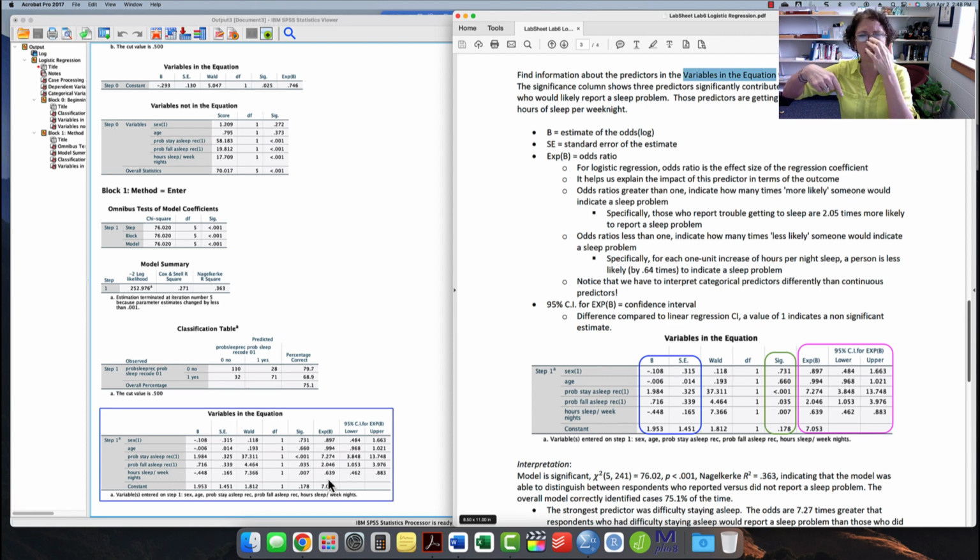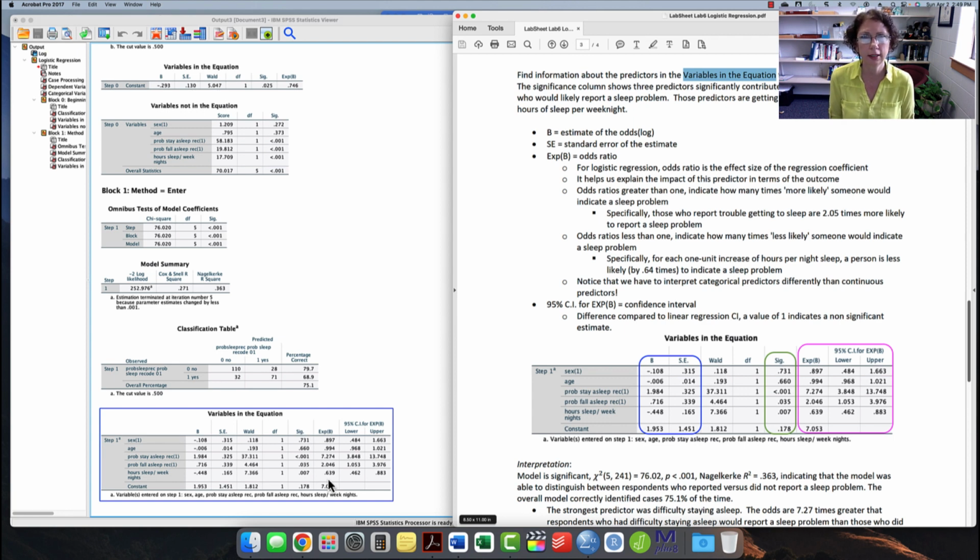It's more like that, where less than 1 means that the more hours of sleep someone gets per night, for each 1 unit increase in hours of sleep per night, you would have a 0.64 times, so less than 1 times, likelihood of reporting a sleep problem. So more hours of sleep per night means less likelihood that they would report problems sleeping.